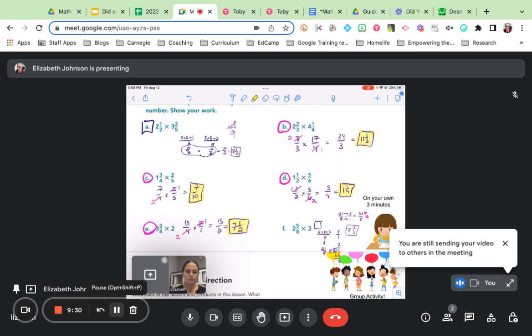Don't hit play until everybody knows how to do B, C, D, and E. And remember, you're following that 3-step process. Change the mixed numbers to improper fractions. Multiply, numerator times numerator, denominator times denominator. Simplify. 1, 2, 3, and you're done.